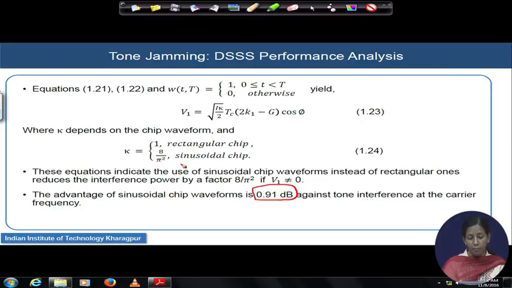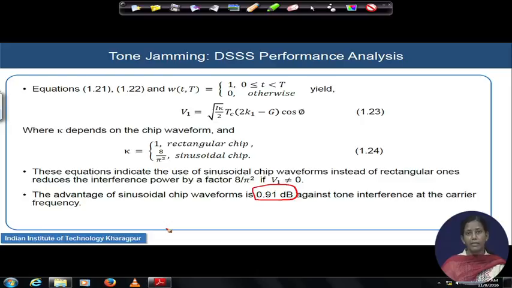So, if you are a jammer designing your signal, you may consider the signal to be spread by the rectangular chip or by the sinusoidal chip. So, if we are sitting in the intended receiver, you design the chip waveform as a sinusoidal chip. So, it is expected that the effect of the jamming can actually be 8 by pi square or 0.91 dB down.